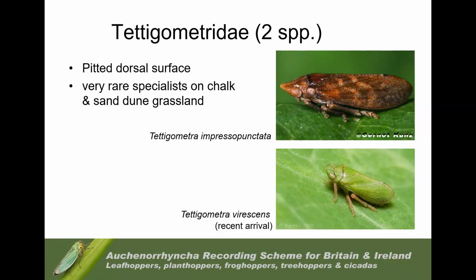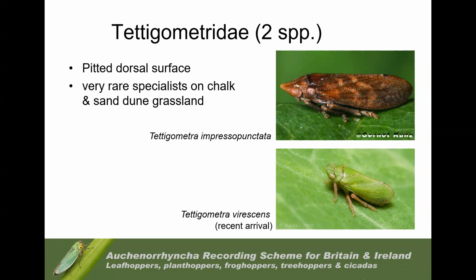For a long time, we thought we only had one species, the top one here, Tettigometra impressopunctata, with its very characteristic covering all over the dorsal surface with these little black pits, little black spots. Really rare species, mainly associated with chalk grassland, where it's a very good indicator actually of really high quality chalk grassland.